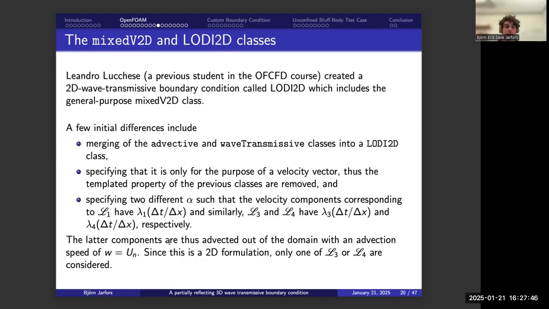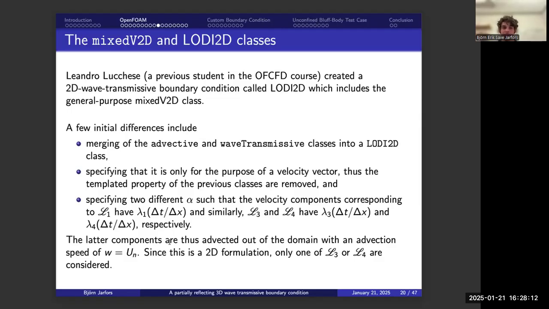The initial differences include that he merges the advective and wave transmissive classes into LODI 2D. He also specifies that this boundary condition is only meant to be used for a velocity vector. This means that we're removing the templated property of the previous classes.